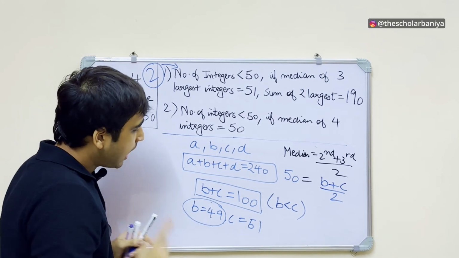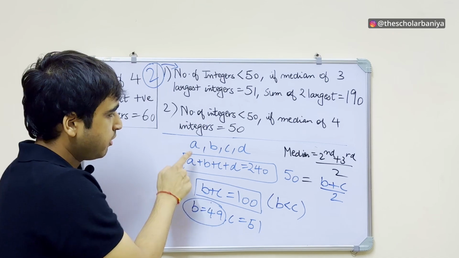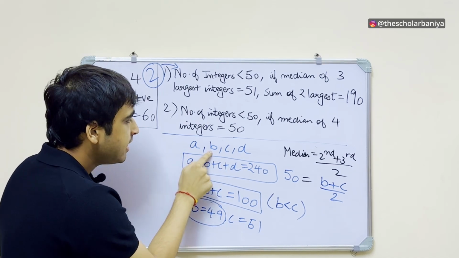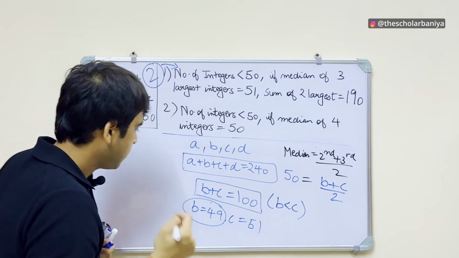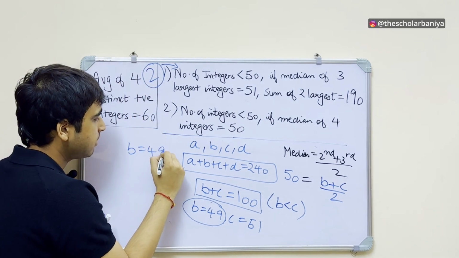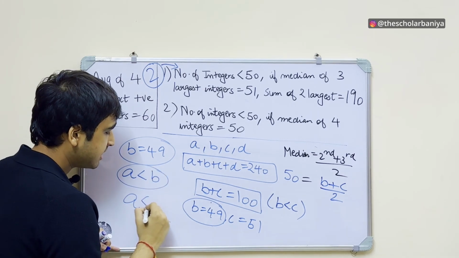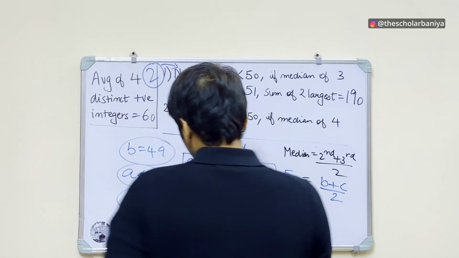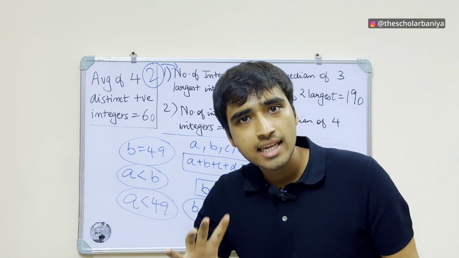Now, A is less than B, because this is ascending. If B is 49 and A is less than B, then A will automatically be less than 49. That means A and B both are less than 50.